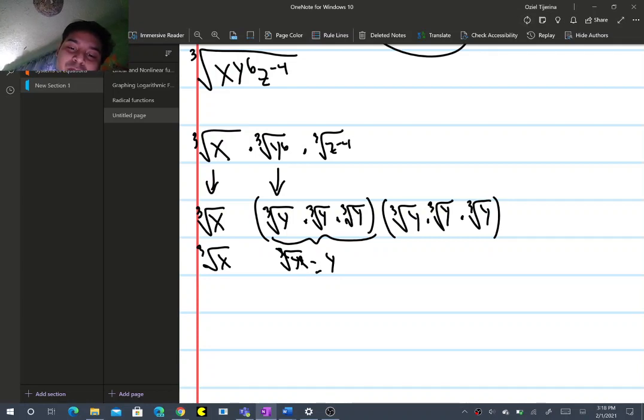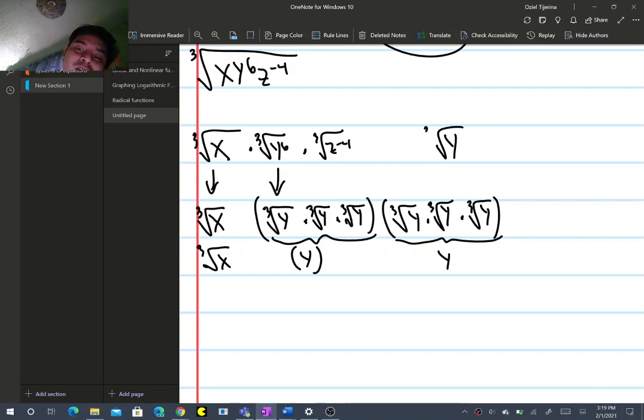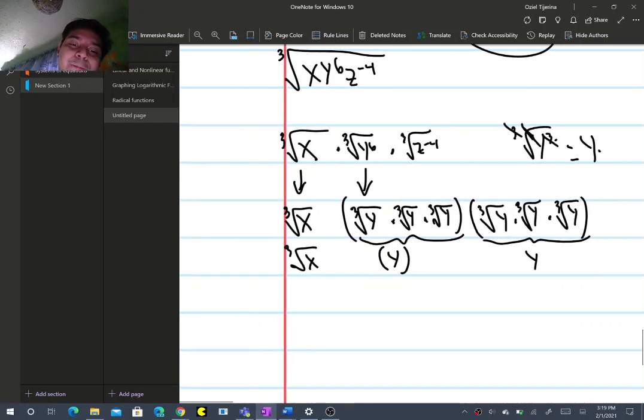This also gives us y, because we have the cubed root of y cubed, and to get rid of the cube root, we just multiply y 3 times. It's not going to be y cubed because you're saying the cubed root of y cubed. That means the radical cancels out, and you're left with y.